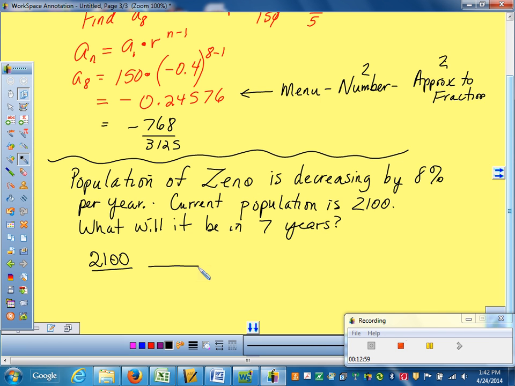Is that what the population is next year? But I can't do a geometric sequence and subtract. I'm only allowed to multiply. We've done this already this year. If it's decreasing by 8%, what number do you actually need to multiply by to figure out what it's going to be?